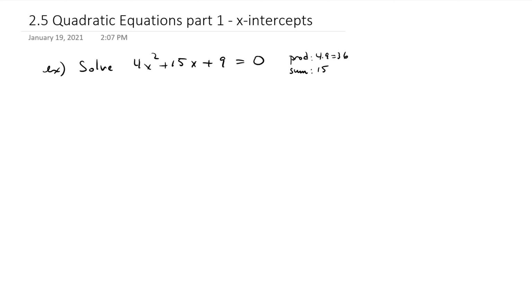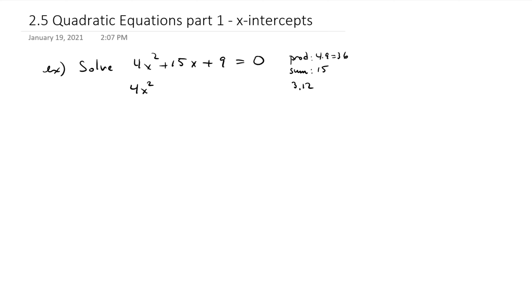Looking at the factors of 36, I need two that are positive, because 36 is positive and the sum is positive, and they need to add up to 15. So 3 and 12 will do.